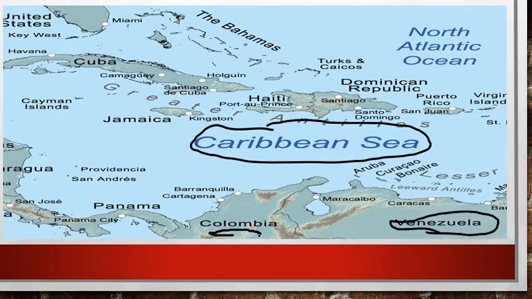Here you can see Colombia, and here Panama, where Panama City is located. Next, here it is Jamaica, and see your Cuba. So these are what we have noted down.